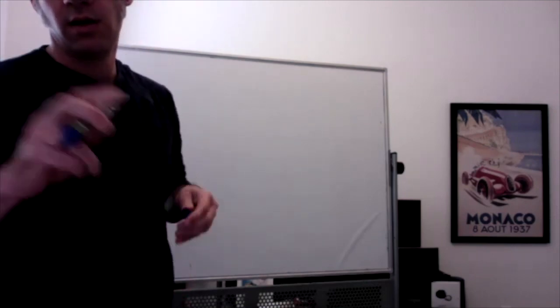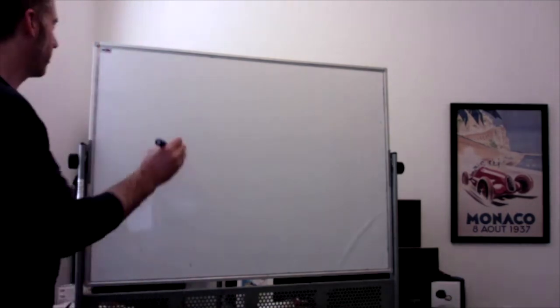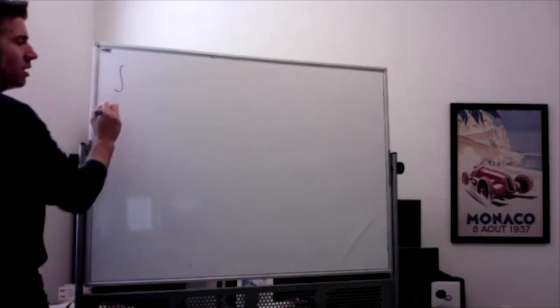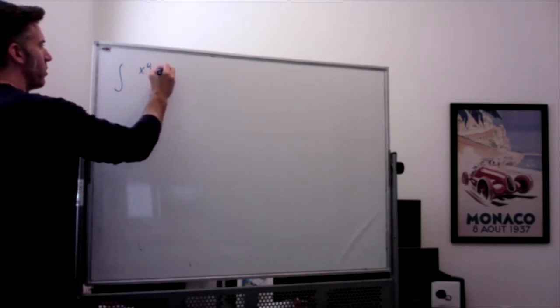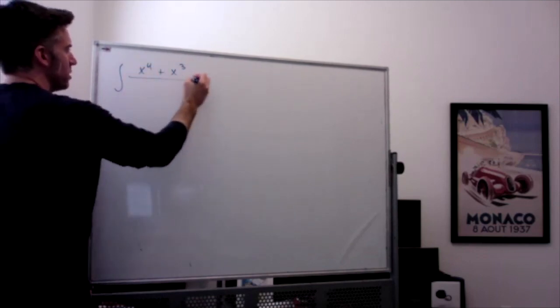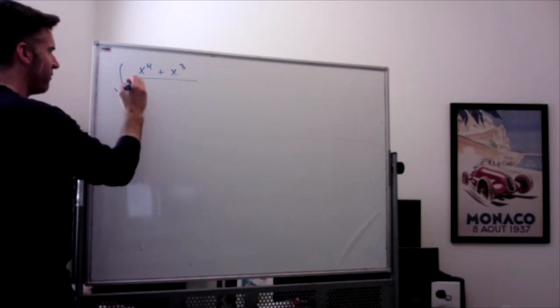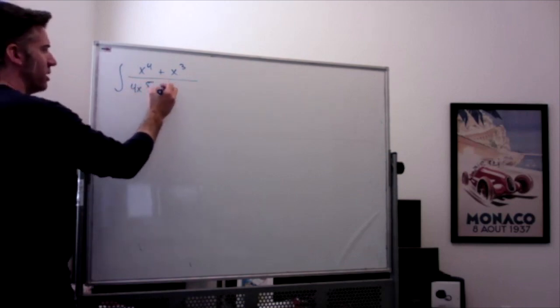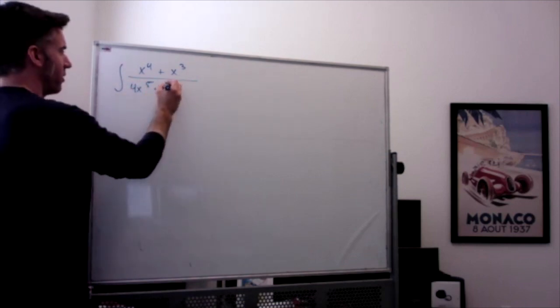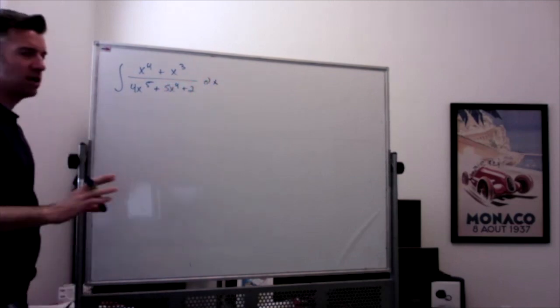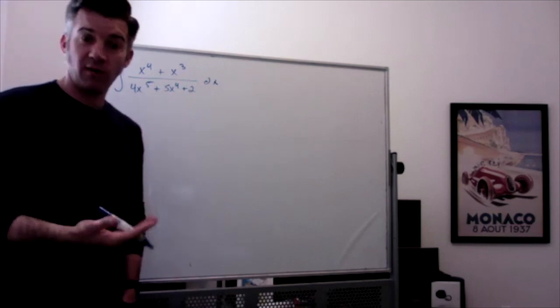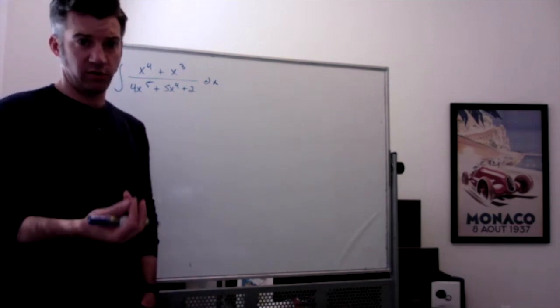So here's another example. The integral of another rational function: x to the fourth plus x cubed divided by 4x to the fifth plus 5x to the fourth plus 2. Now, if I was not being super careful, I might start trying to do partial fractions.